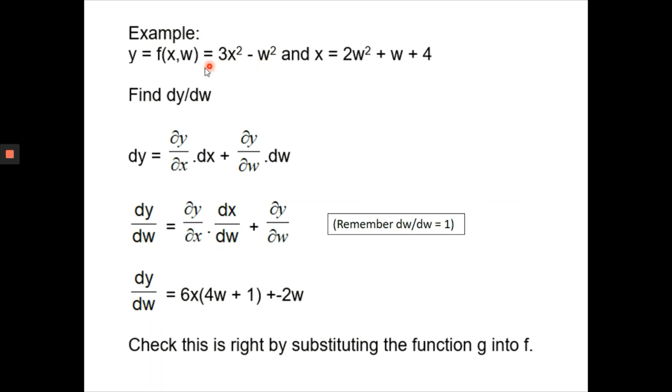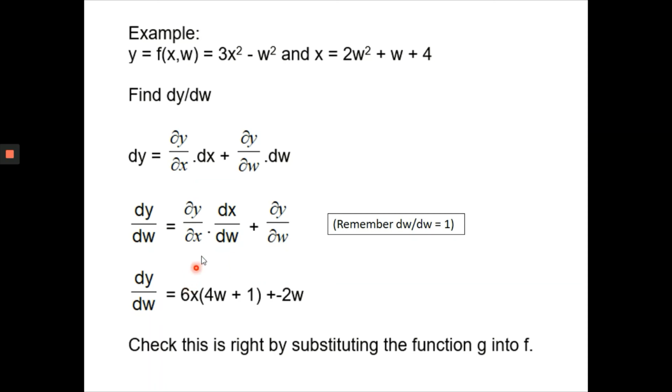So if we partially differentiate with respect to x, we're going to end up with 6x using the power function rule. And that's what we see down here. Okay, so 6x is this here.